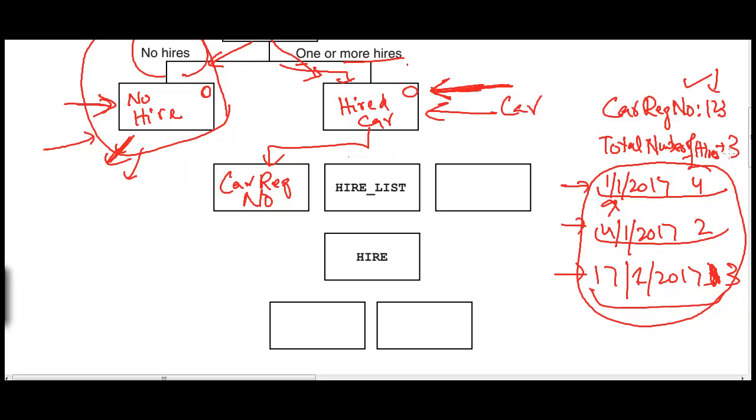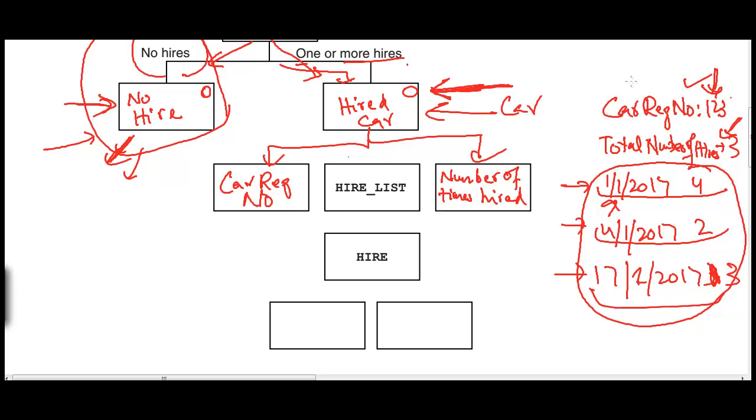And then the total number of times this car was hired needs to be output once also. So we're going to say number of times that this car was hired. So this needs to be displayed once only.